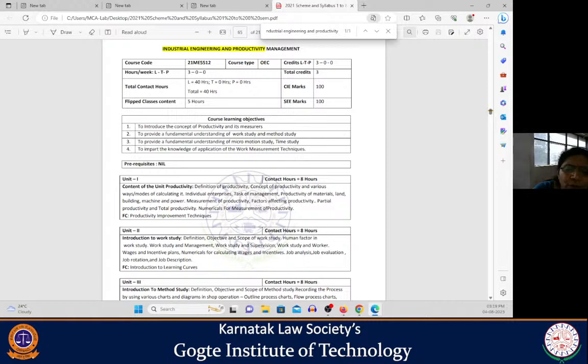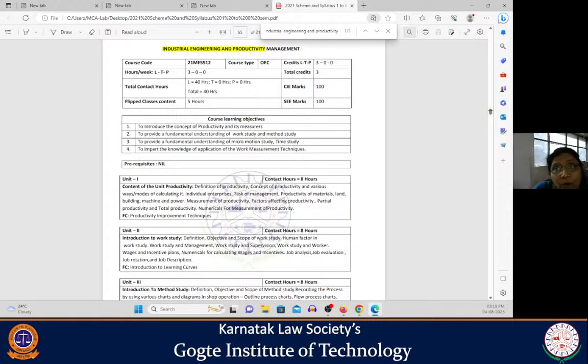Second unit, you are going to learn about what is work study. Work study is under this umbrella, we can put the combination of method study as well as work measurement. Together, we call it as work study. So what is work study then? It is nothing but study of work.